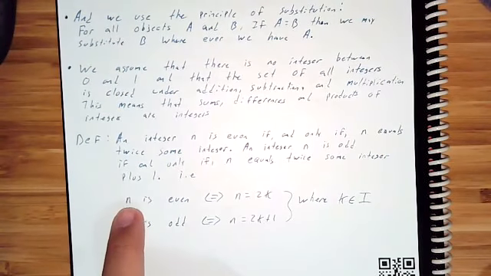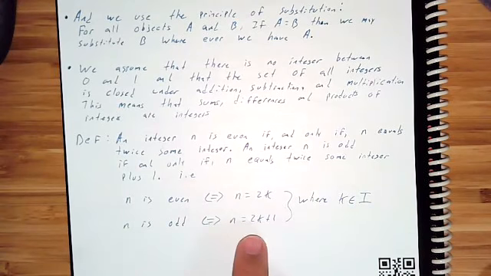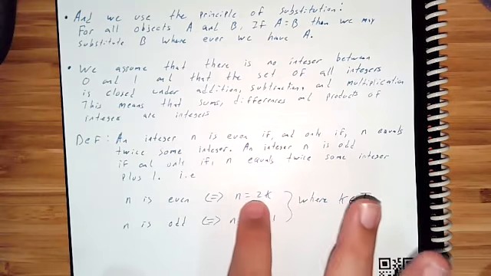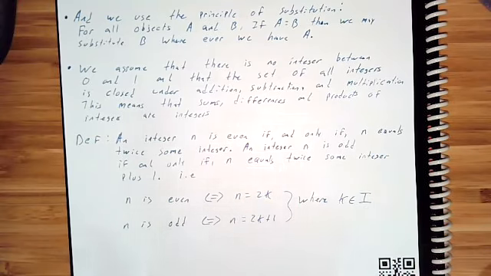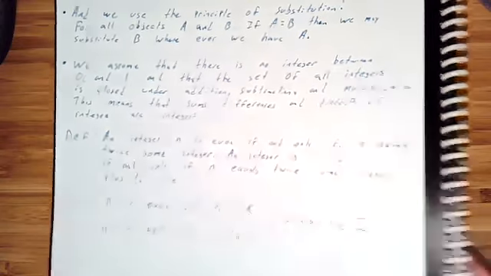So symbolically, the easiest way to write it is n is even if you can write it as 2 times something. n is odd if you can write it as 2 times something plus 1. For example, the number 2 is even, right? 2 times 1 is even, so that fits this definition. The number 3 would be 2 times 1 plus 1, so that fits this definition. So that's the definition of even and odd.